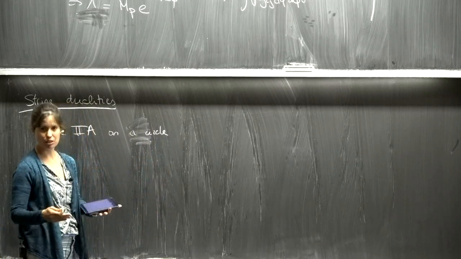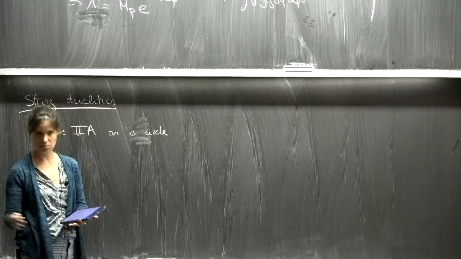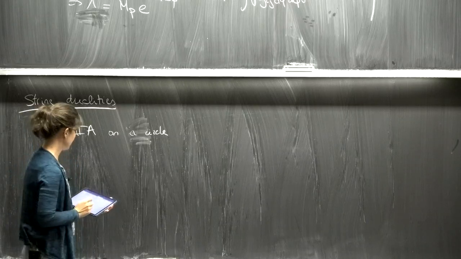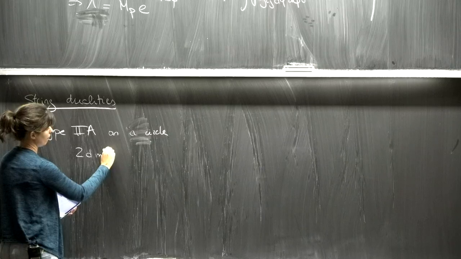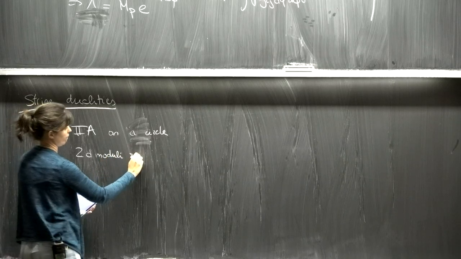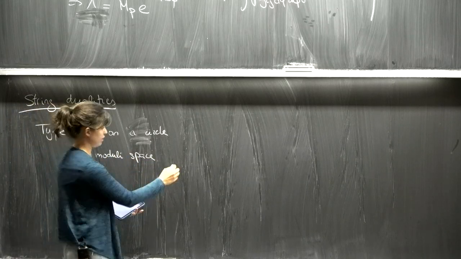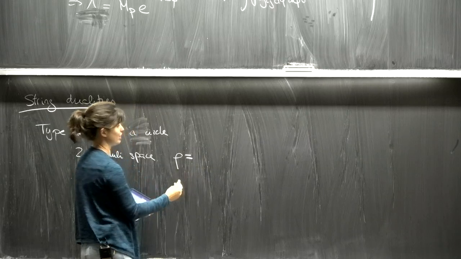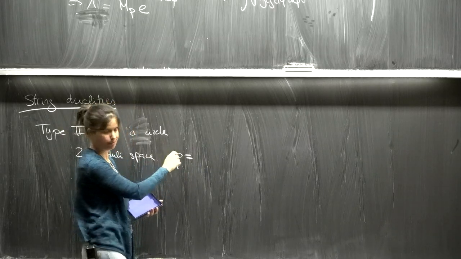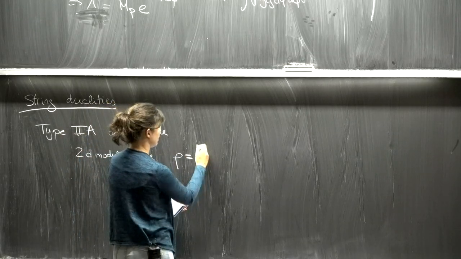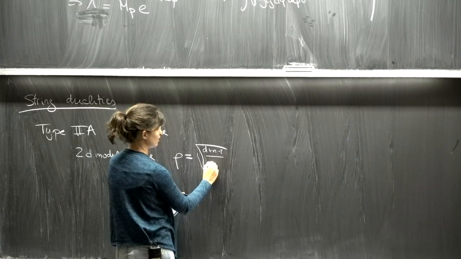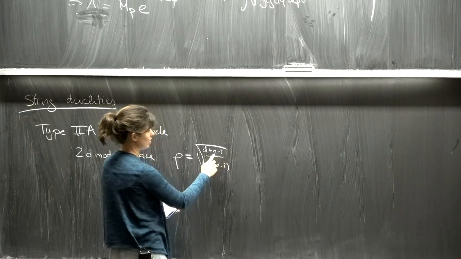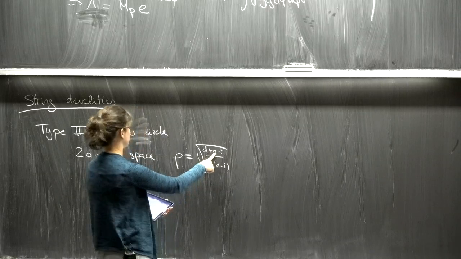So we have Minkowski 9 dimensions times a circle. That's it. And then the moduli space is 2-dimensional, right? So we had the volume, which is the radius of the circle now. So yesterday I gave you that there were some powers in general, right? So let's make it concrete now.